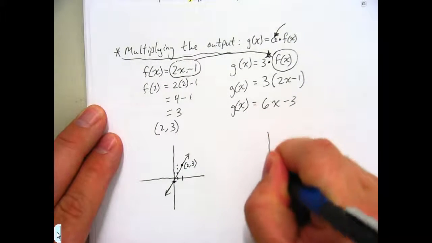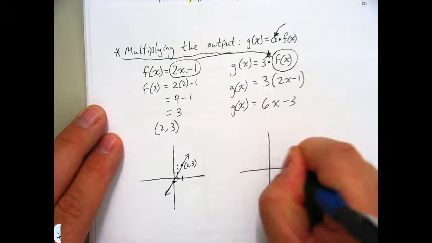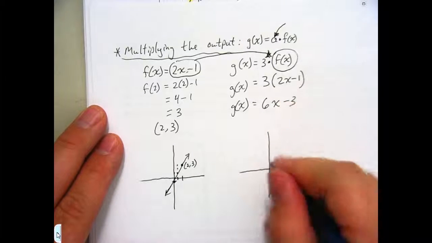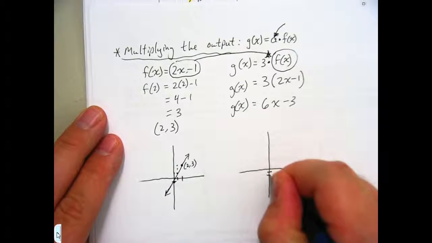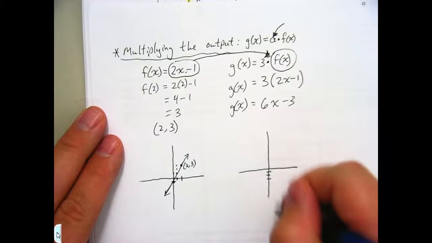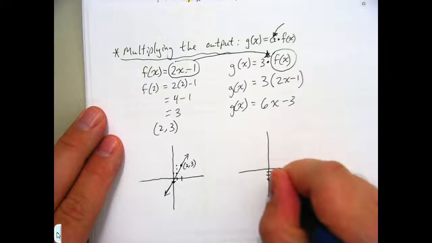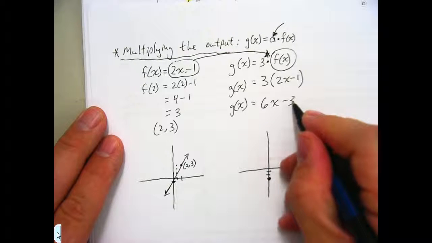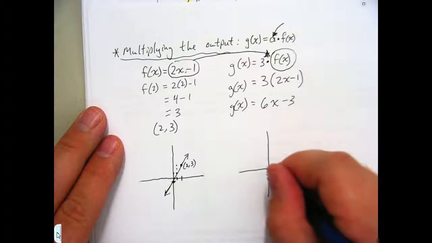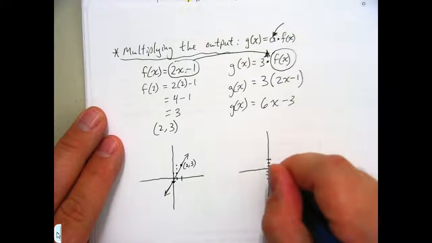And we plot our new line. We go to -3. That's our y-intercept, our b term. What's our slope? It's 6. Okay, so we rise 1, 2, 3, 4, 5, 6. We run 1.